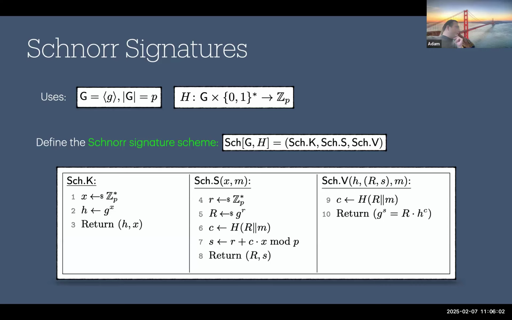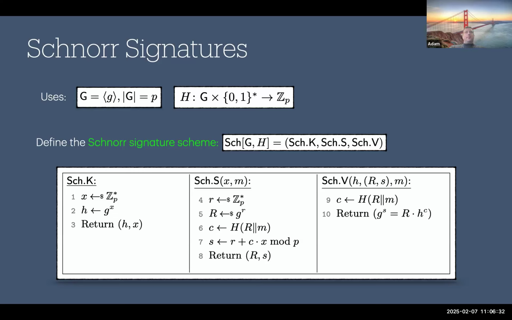I've just given them in boxes here. The key generation is very simple. It just generates a discrete log challenge, g to the x. The signing algorithm is randomized. It chooses a little r and exponentiates to get big R. Then it hashes R. If you think of it in terms of the Schnorr identification protocol, you use the hash function to generate a challenge.